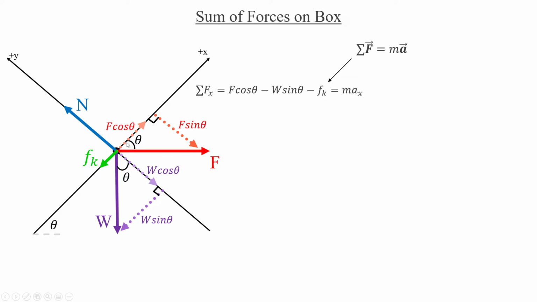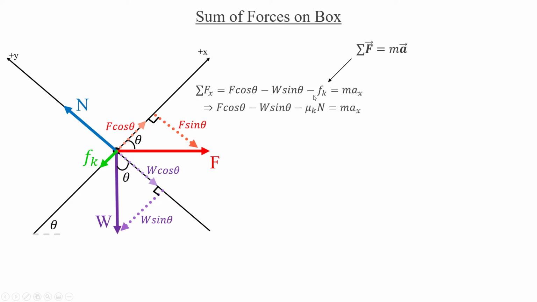So we have F cosine theta pointing up and to the right, so it's positive, and then we have W sine theta pointing in the opposite direction, as well as the kinetic friction, so those are the negative terms here. And that is equal to the mass of the box times the acceleration in the x direction, which we have from the problem description.